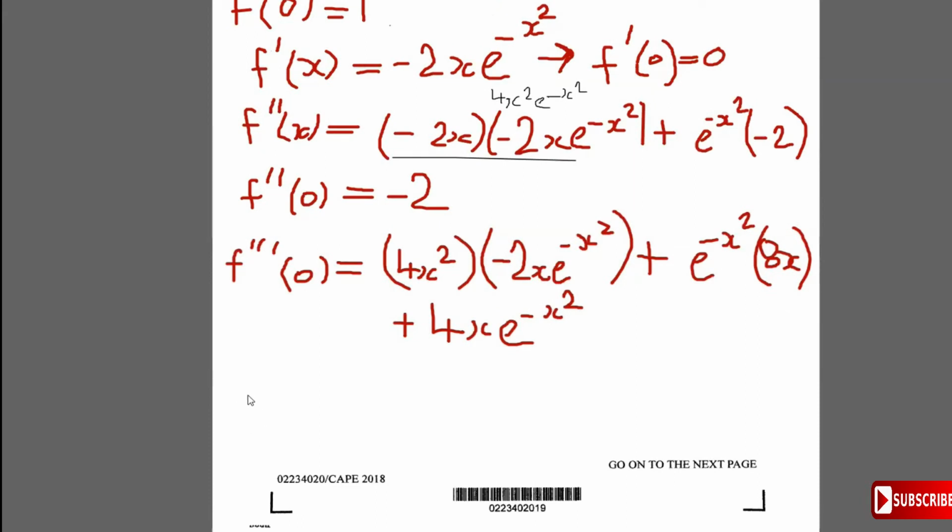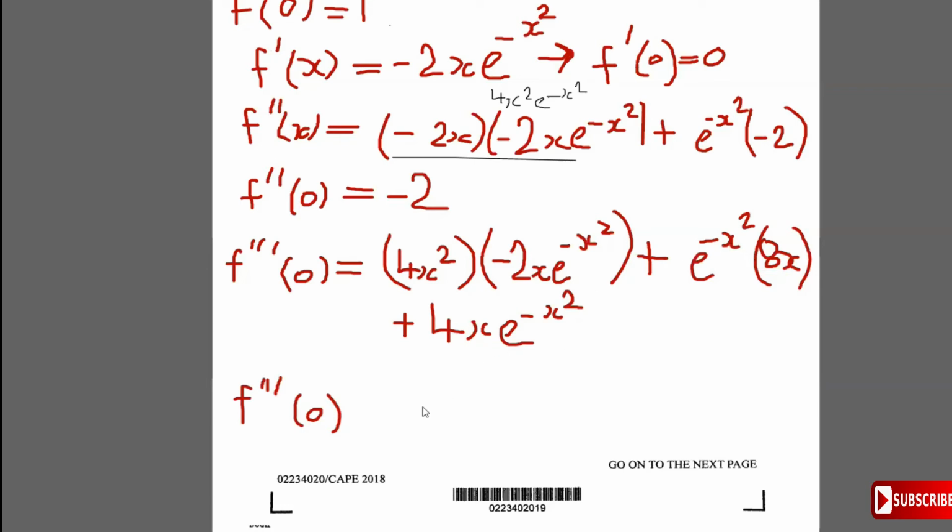So f triple prime of 0 is equal to, plug in x as 0, you get 0. Plug in x as, oh my golly, this won't be good. This is giving us 0. That's giving us 0 plus this is also giving us 0.